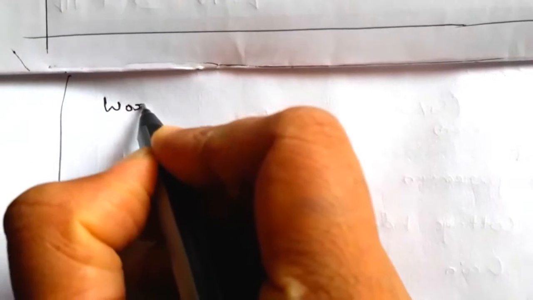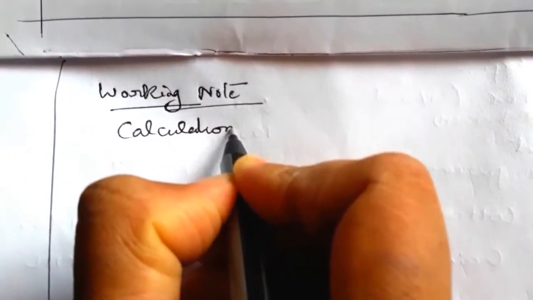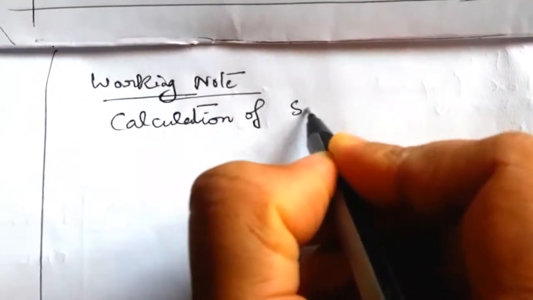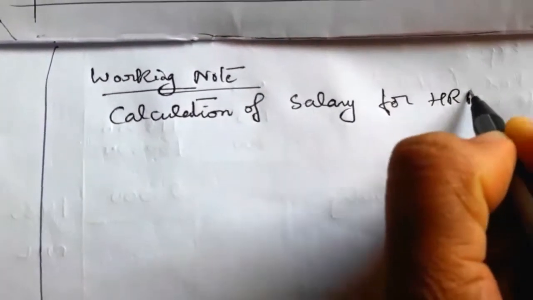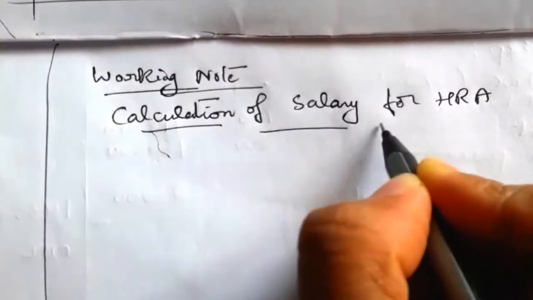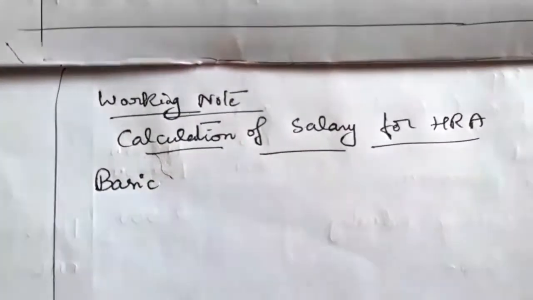Now prepare a working note for salary calculation: calculation of salary for HRA. So the first information about salary given in the question is basic salary.